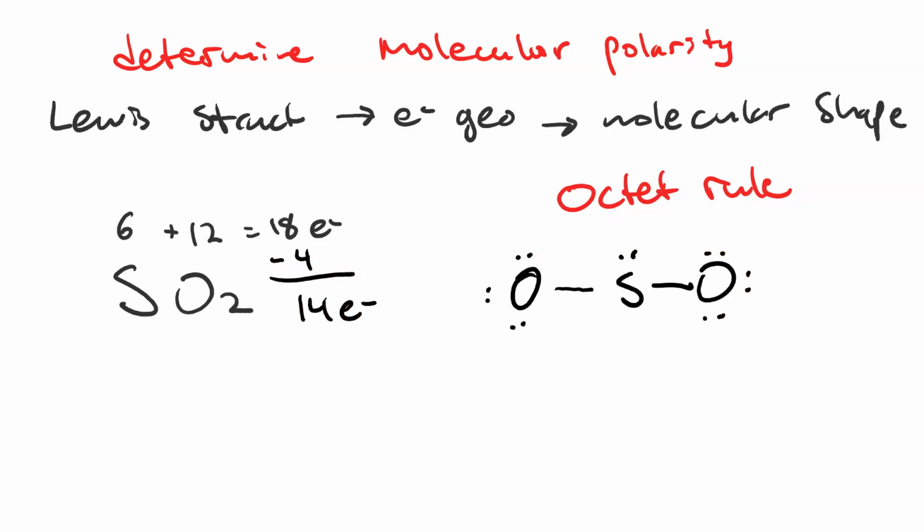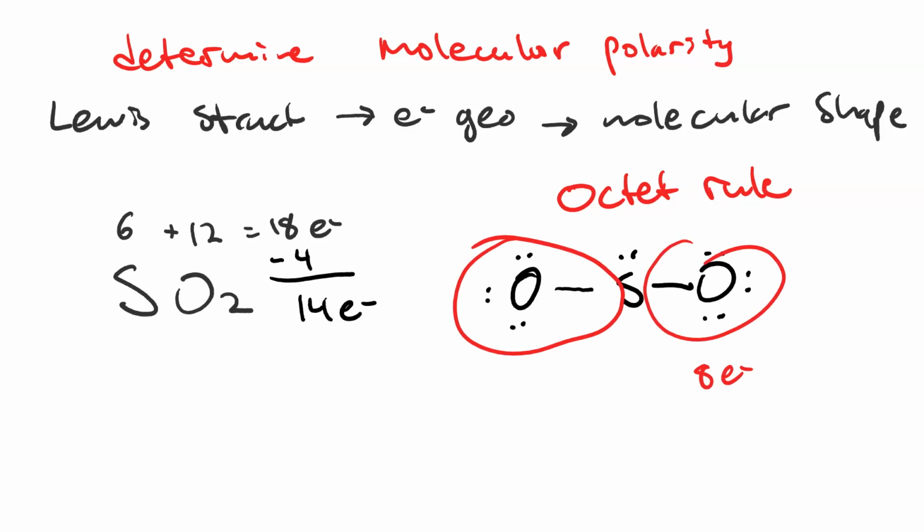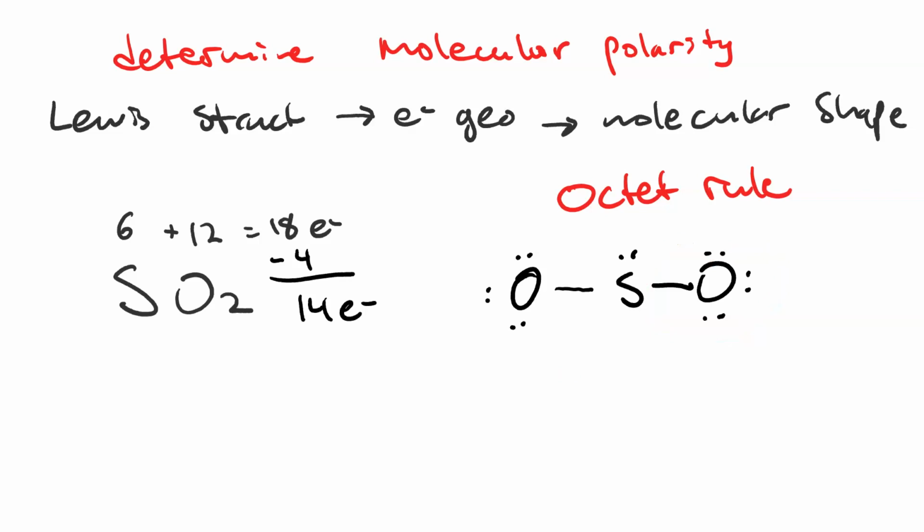Finally, we apply the octet rule. Each of the oxygens has 3 lone pairs and 1 bonding pair. 4 times 2 is 8. So both of the oxygens have a complete octet. The sulfur, however, has 1 lone pair and 2 bonding pairs, only 6 electrons.